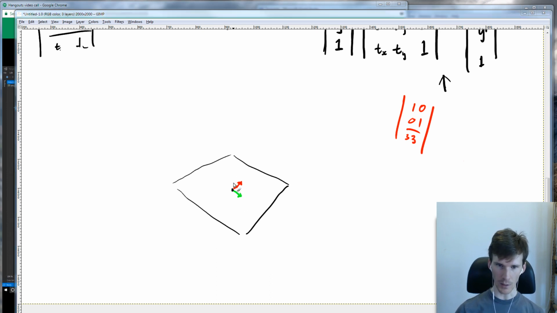What we have there is this vector, I'm going to draw it in pink, coming up out of the surface on the z-axis 1 unit.